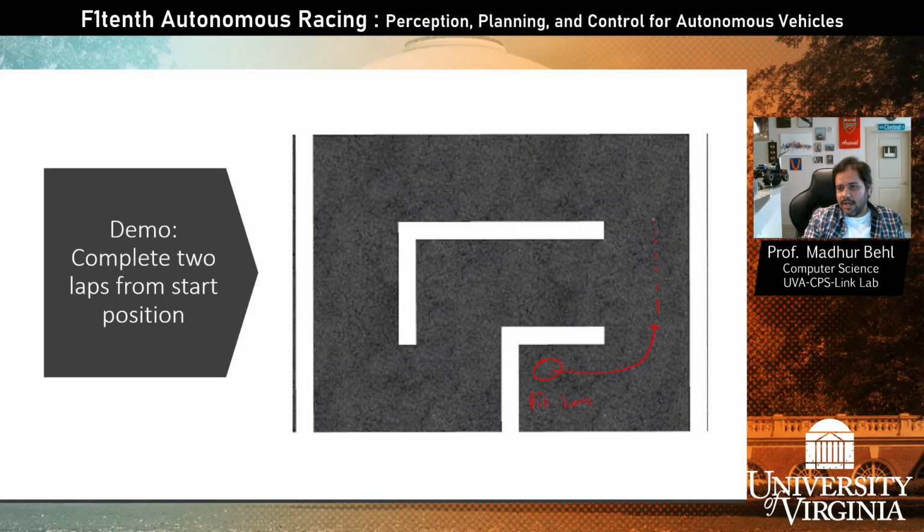My advice would be to follow the right wall. Then it makes this turn, again maintaining some distance away from the right wall. It goes all the way around, following this profile of the track, and back, and then makes a right turn.